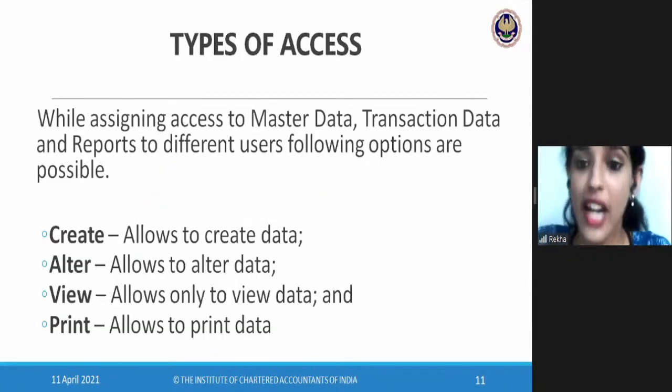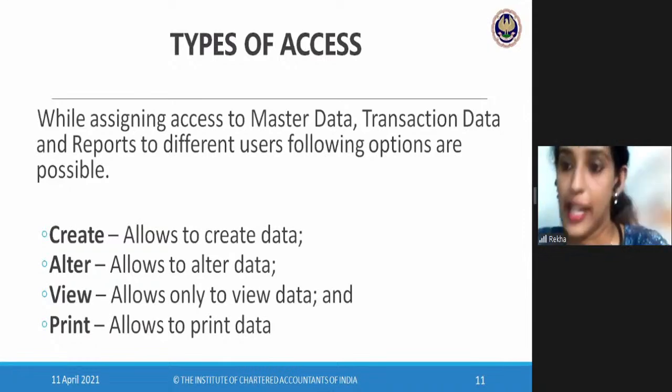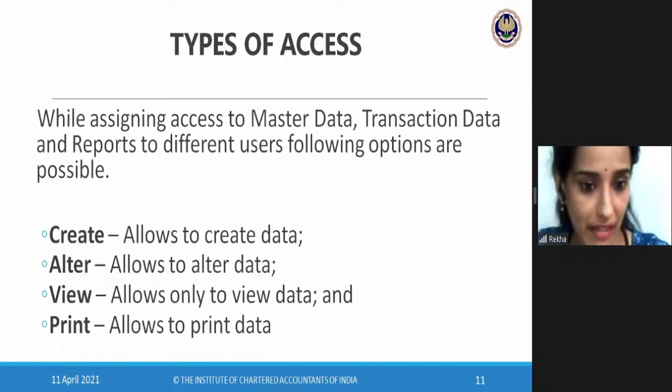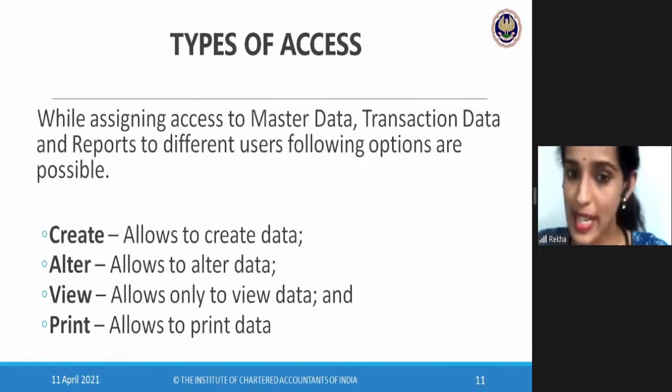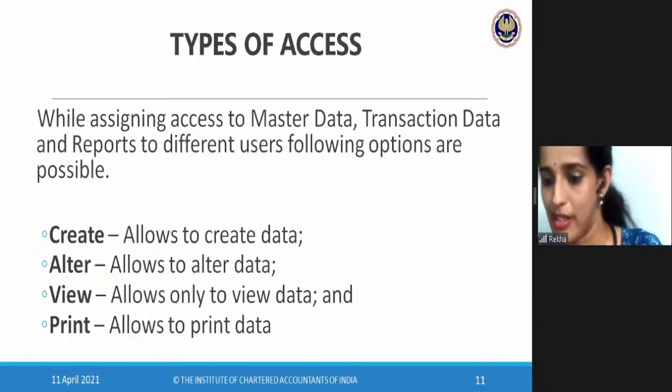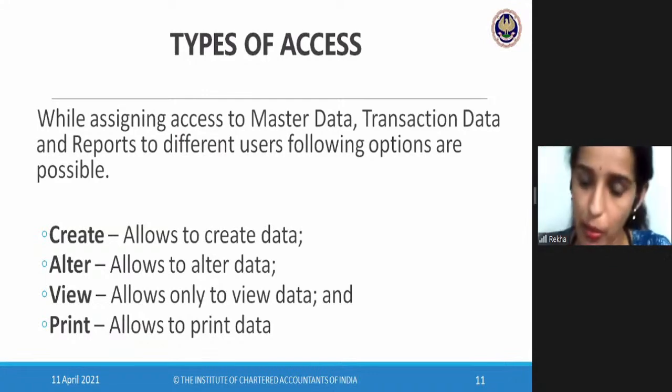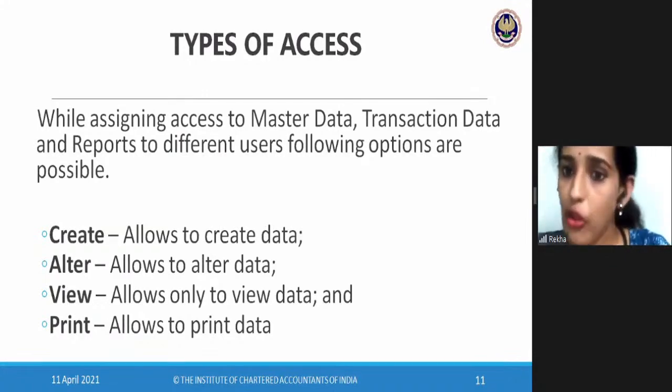Yes, good. Now, second is types of access. I think this we actually gave in the beginning, when I told role-based access. While I'm giving access to the master or transactional data or even to the reports, I can give four different types of access. One is create access: I can actually put in my journal entries, creating the data. Second is alteration: I can make changes to that.